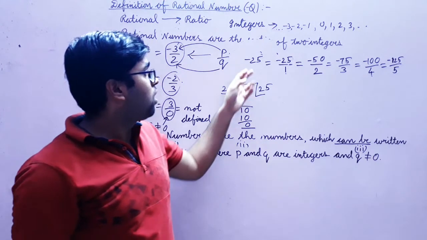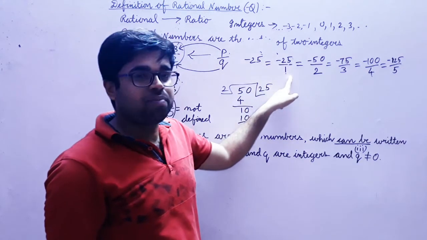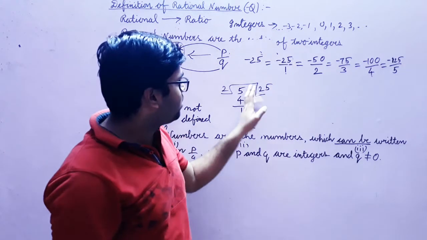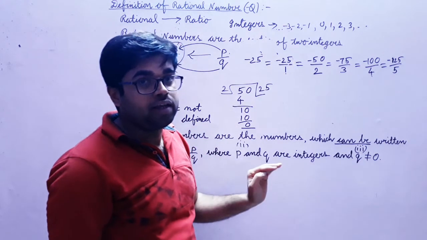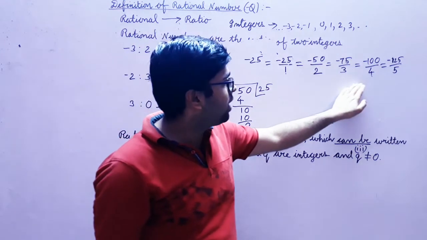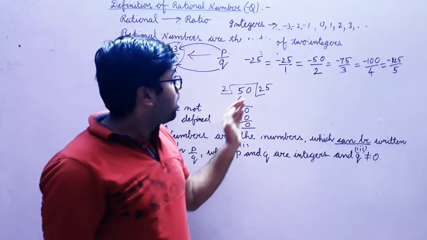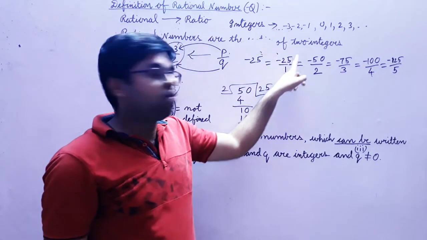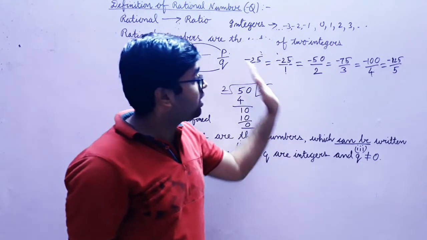So this means it's not like minus 25 has a unique representation. Unique means only one type of representation in the form p by q. That would mean we can write minus 25 only as minus 25 by 1. But we can write it as minus 50 by 2, minus 75 by 3, minus 100 by 4, minus 125 by 5. That is, minus 25 or any number doesn't have only a unique representation in the form p by q. In fact, it has infinite.